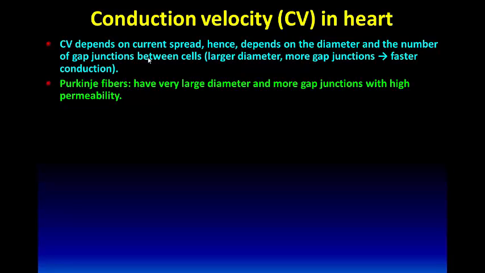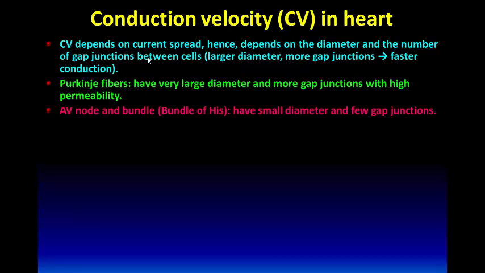And it is important that the Purkinje fibers have the fastest conduction velocity so that all the myocytes are excited at the same time and hence contract at the same time. So this ensures synchronization of the contractions of the myocytes. The AV node and bundle of His, the AV bundle, have small diameter and few gap junctions.